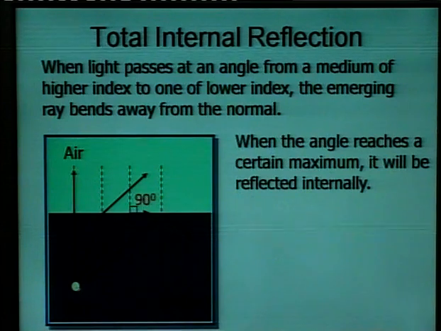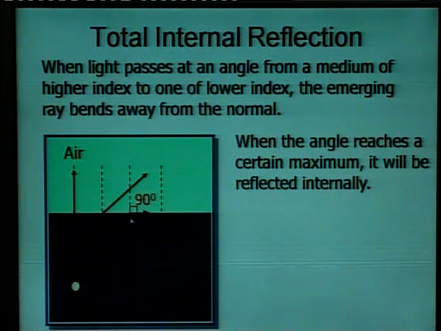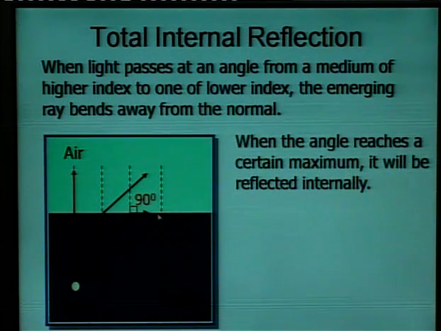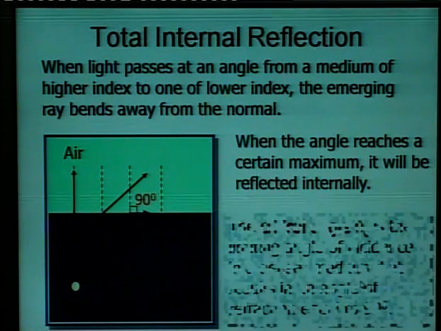So as the angle of incidence increases, the angle of refraction also increases. For a particular value, the angle of refraction becomes 90 degrees. This angle of incidence is called the critical angle. Now if the angle of incidence becomes greater than the critical angle, the refracted ray comes back into the same medium, and this phenomenon is called total internal reflection.